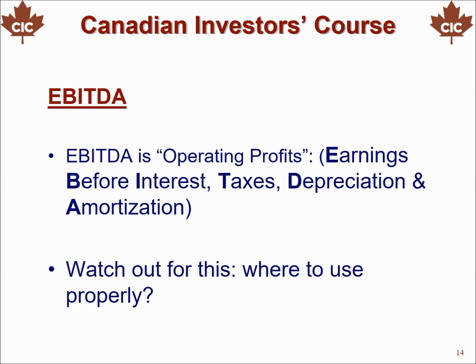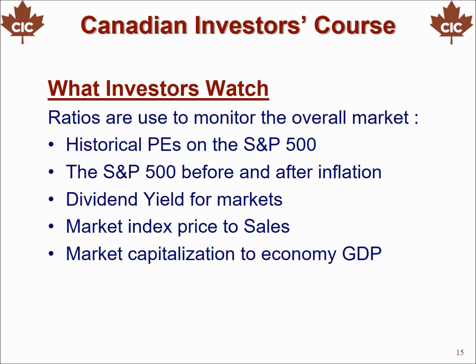So what do investors watch? Well, they watch ratios and they use them to monitor the overall market. For example, we look at historical PEs on the S&P and compare them to current ones to determine whether the market is cheap or expensive. We look at the S&P before and after inflation using ratios.